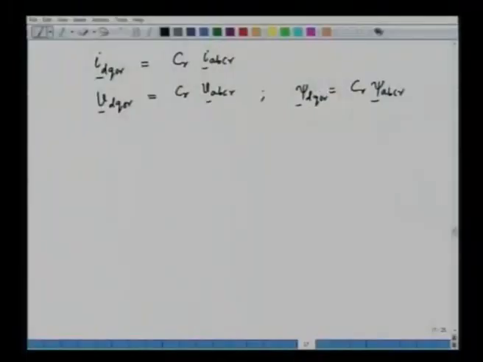Now, with this help, let us transform the ABC equation into DQ equation.